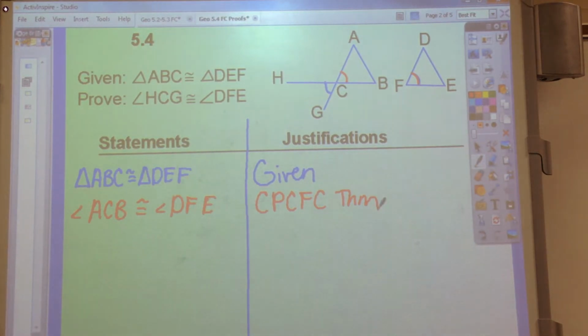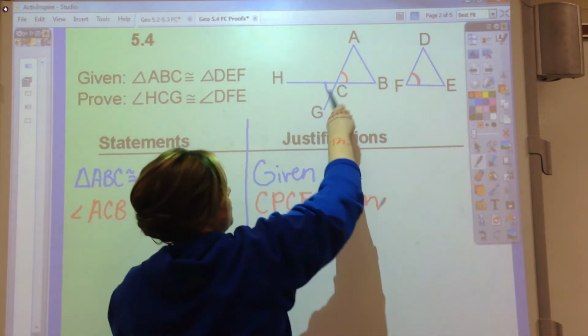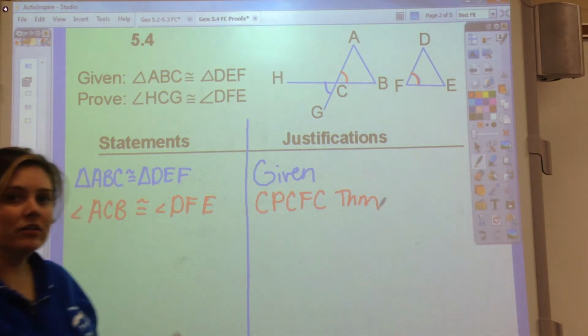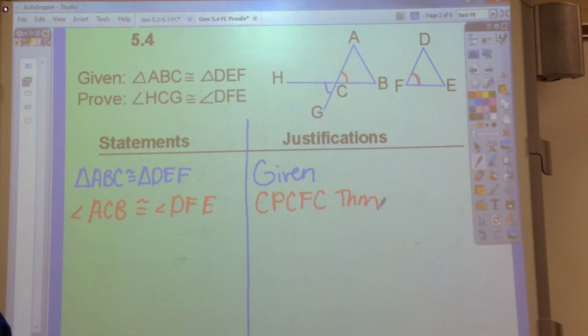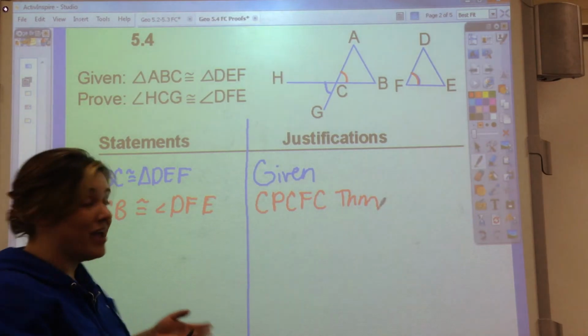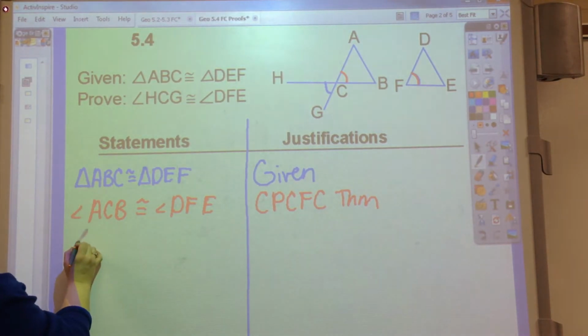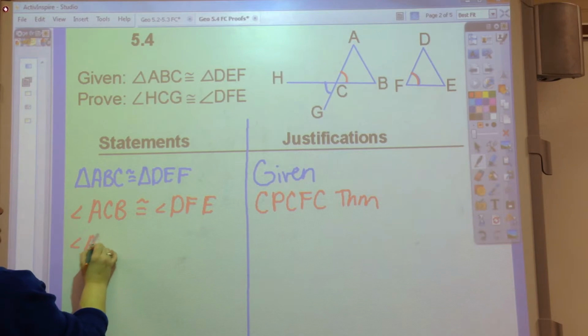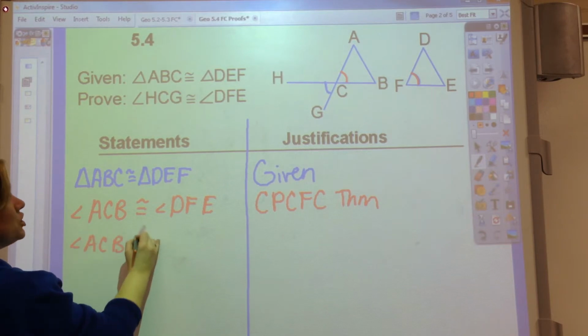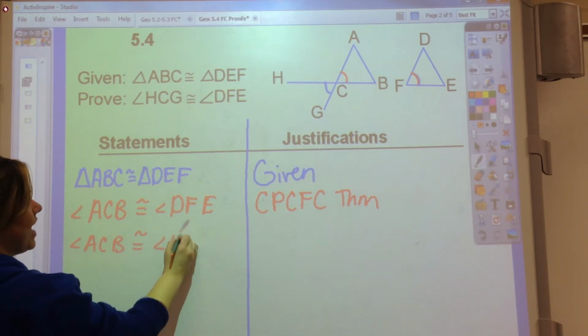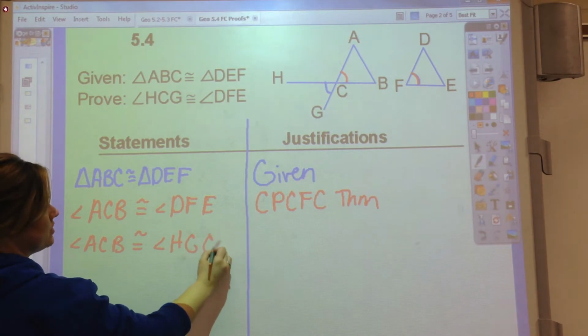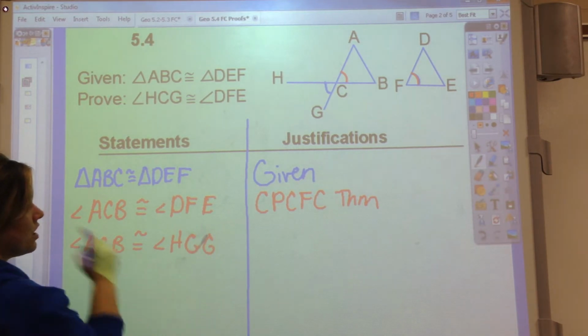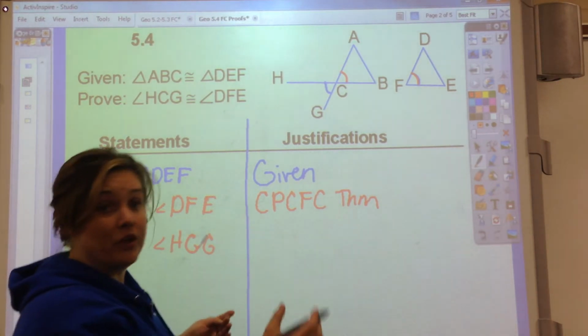And then after that, why would I know that these two angles are congruent? If I look at them, what kind of angles are they? Hopefully you agree that they are vertical angles, right? So now I can say, hey, angle ACB is congruent to angle HCG because of the vertical angle theorem, right?